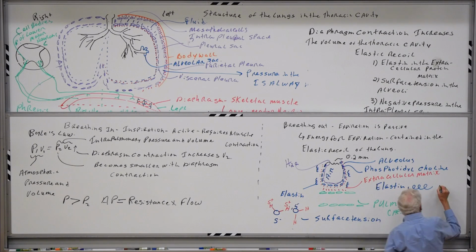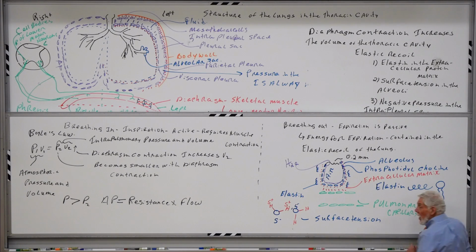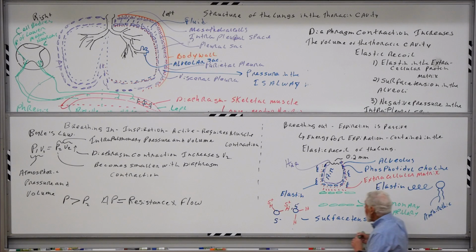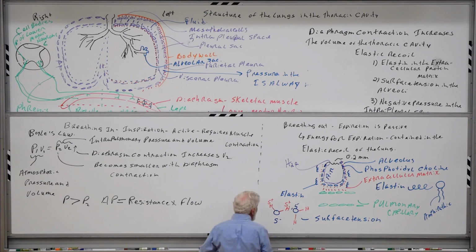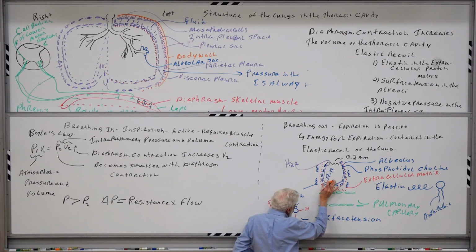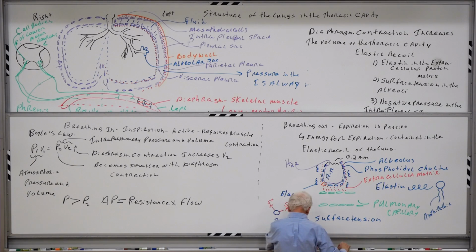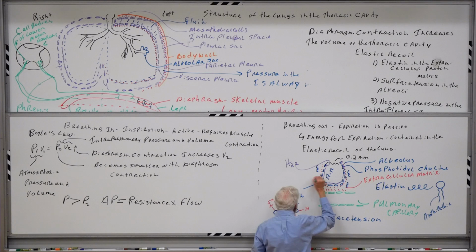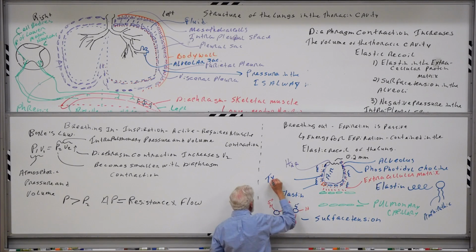You remember phosphatidylcholine has a head group, and it has these fatty acid side chains. It's amphipathic. So among these cells in here, and I should label these blue cells as type 1 pneumocytes.